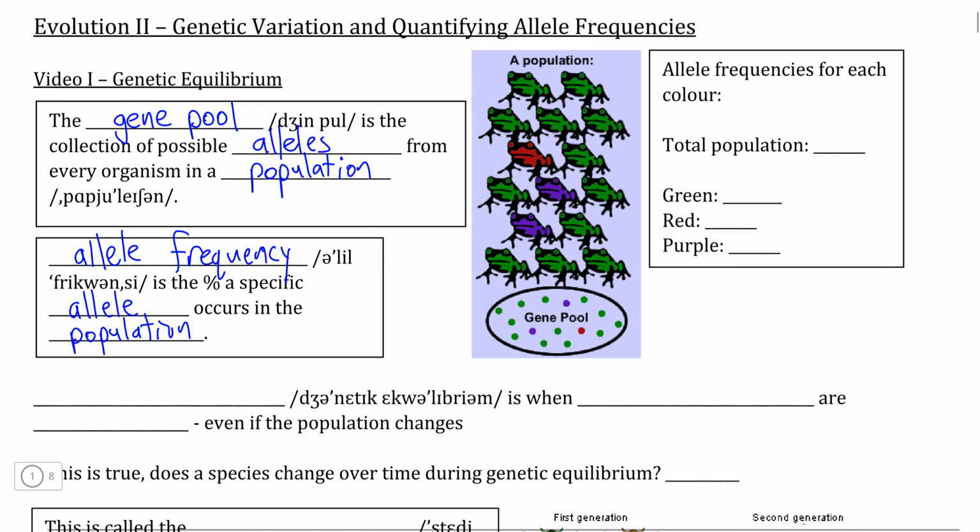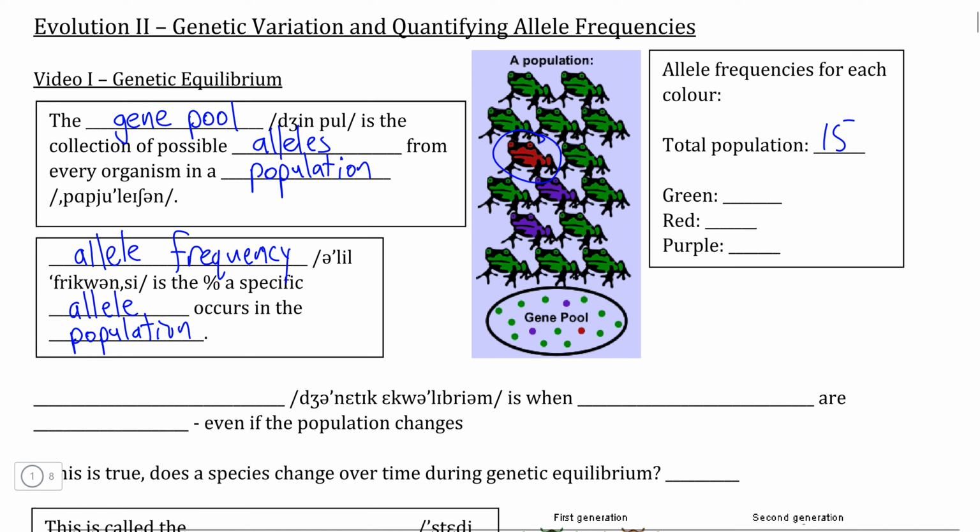For example, if we use skin color of this frog population here, the first thing that we need to do is identify what the total population is. So 2 plus 3 is 5, plus 2 is 7, plus 3 is 10, plus 2 is 12, plus 3 is 15.